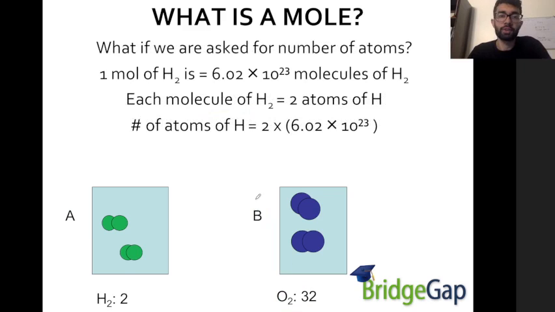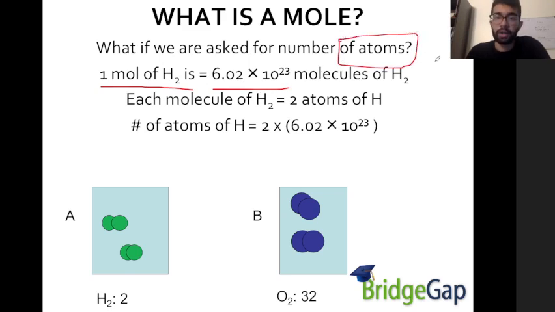And so let's talk about how we find how many molecules are in a mole. Let's say we're asked how many molecules are in 1 mole of hydrogen gas. And we do know that 1 mole of anything, no matter what it is, will always have 6.02 times 10 to the power of 23 particles. And so if we're asked, in this specific scenario, for the number of atoms, now that's quite specific.